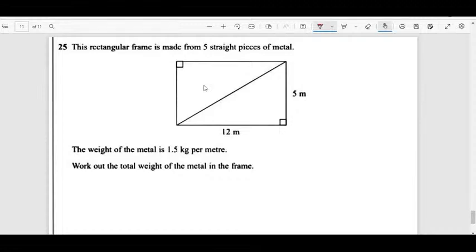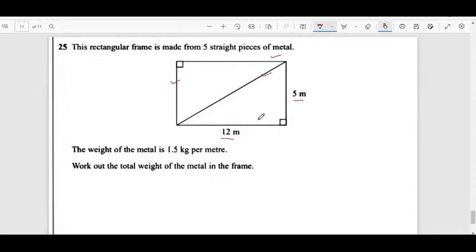I think both of you have done the same mistake. I'll tell you, okay? It says this rectangular frame is made from 5 straight pieces. Let's look at those 5 straight pieces first. 1, 2, 3, 4, and 5.